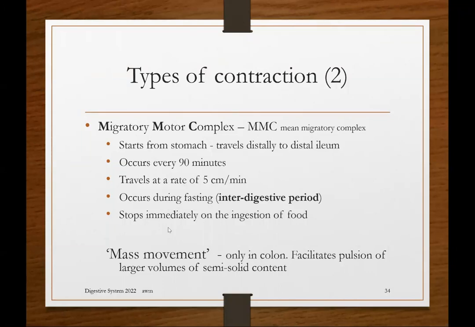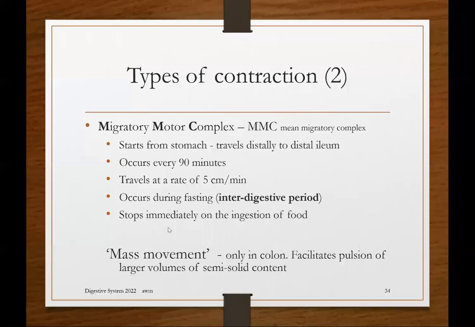So the contents are drying out, converting the luminal contents from semi-fluid to semi-solid as more and more water is absorbed. That means that the muscle has to generate more force, so it has to be stronger to be able to push this semi-solid material from one area to the next.